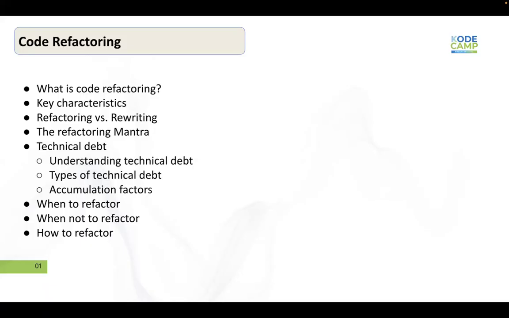Under the key characteristics, the first one is behavior preservation. While refactoring code, you make sure that the external functionality remains unchanged. If you are authenticating a user with the password and username, make sure that the external functionality remains the same. Maybe the function you are writing to check their email or password is about 20 lines, and while refactoring, you may change it from 20 lines to 10 lines.